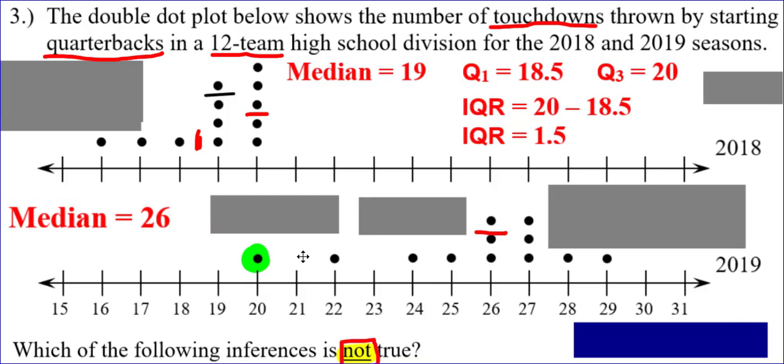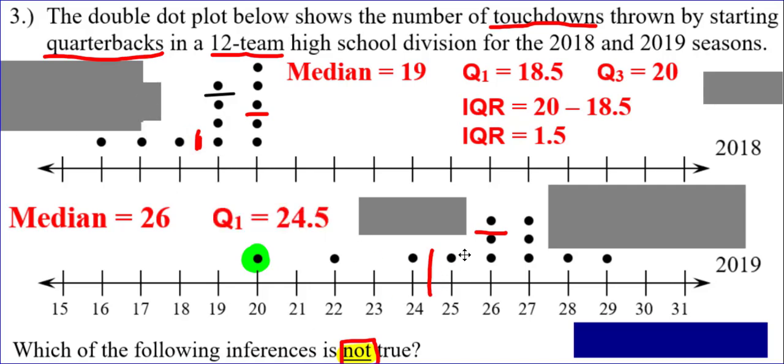Now, what about Q1? Well, that's going to be between the 3rd and 4th dot, because 1, 2, 3, 1, 2, 3. Yeah, so there's the halfway point. So Q1 is here, which is 24.5. Q3, let's count up again. 1, 2, 3, 4, 5, 6. So in between the 3rd and 4th, that would be Q3.